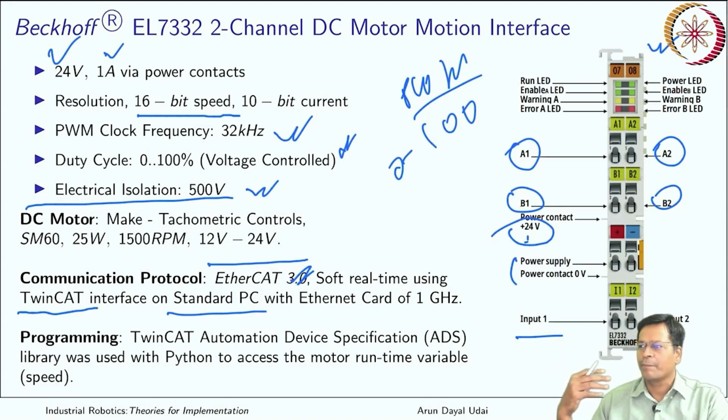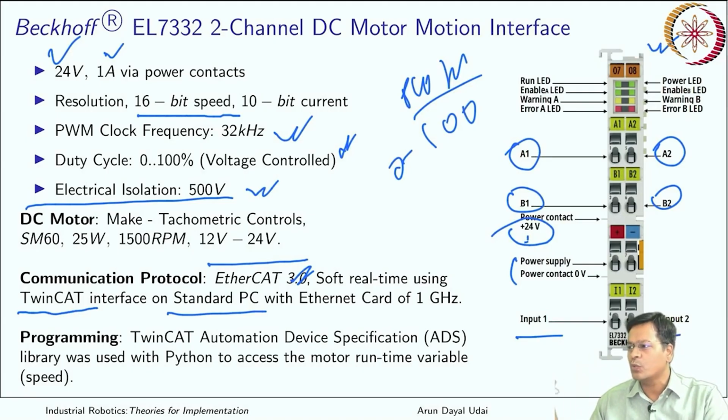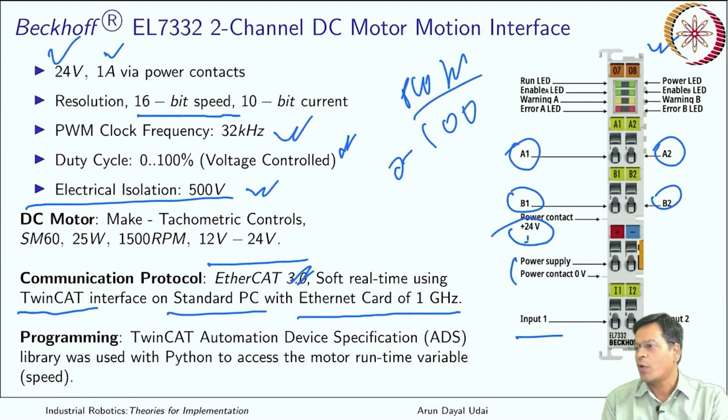That is a software layer that can do EtherCAT communication to its own drivers, to couplers. With the couplers I can communicate using TwinCAT ADS using EtherCAT. So it just requires a standard Ethernet card of 1 gigabit or so, okay.